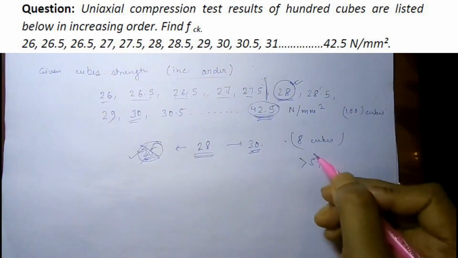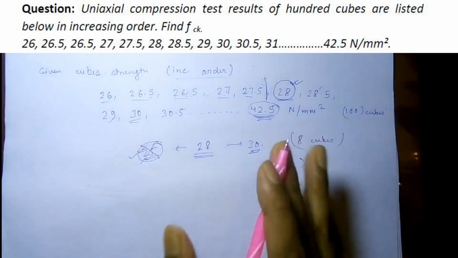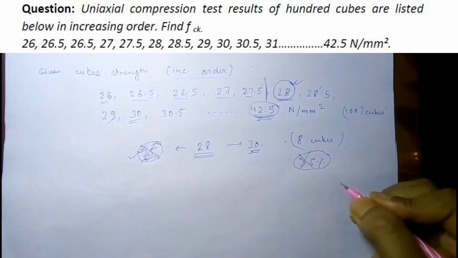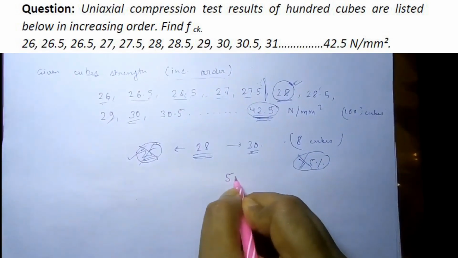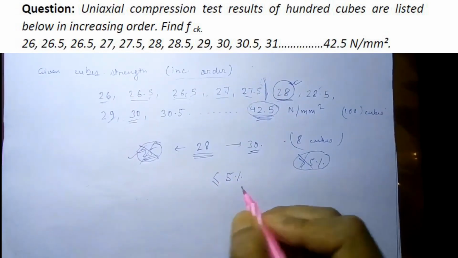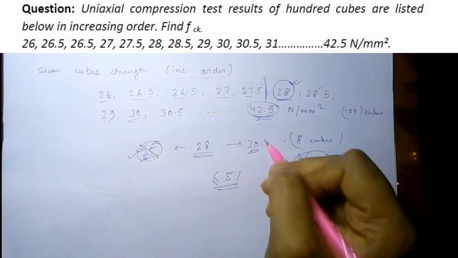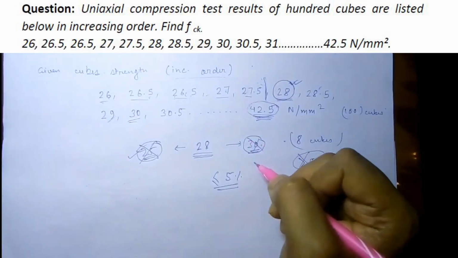Greater than 5% won't be allowed, so it should be less than or equal to 5% for that particular 5% definition. So 30 also cannot be taken.